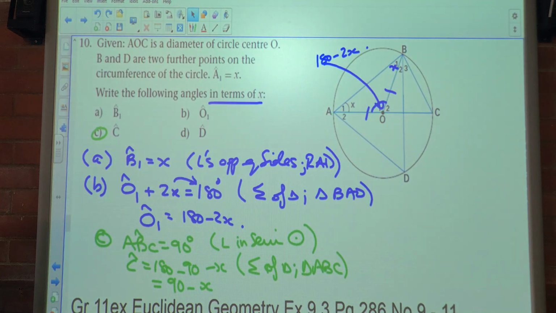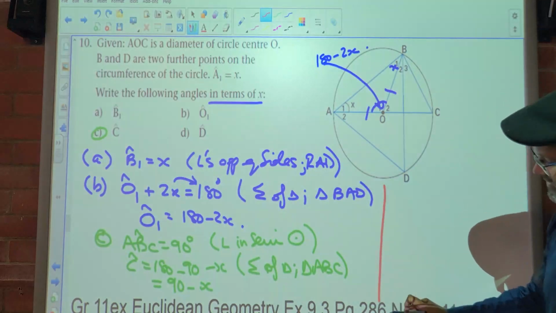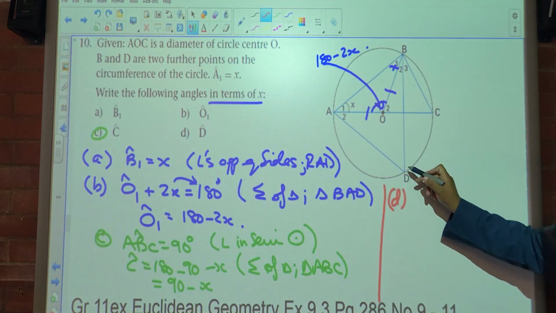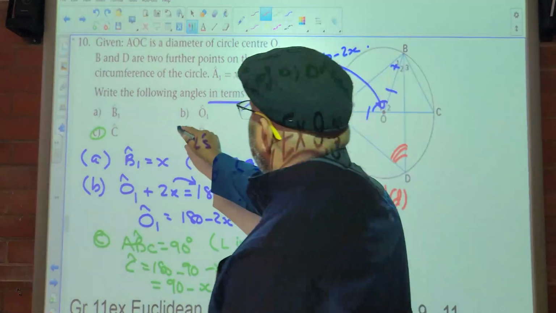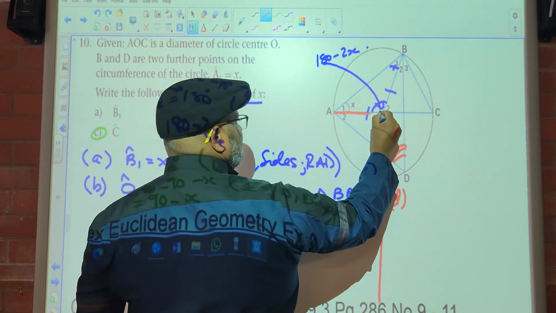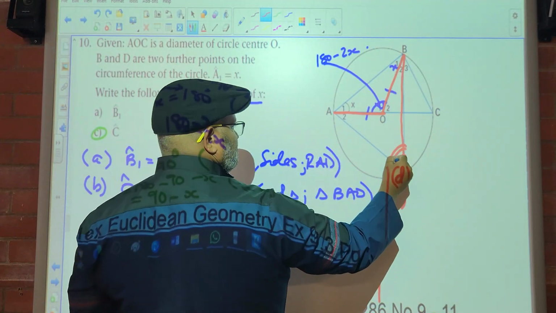Alright, and then I want you to calculate D. How do you calculate D? Half of O1, not so. Why? Because angle at center is twice the angle at circumference.